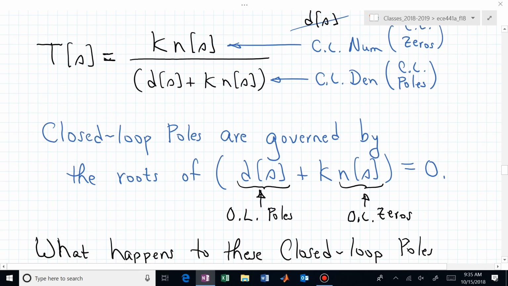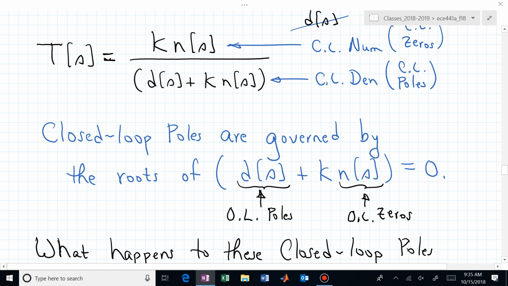The closed loop poles are governed by the roots of this denominator polynomial, and we find the roots by setting D plus K N equal to 0, and what values of s satisfy that. So for a fixed K, we're going to have a fixed set of s's. I give you a K, and you holler back what the roots are. I give you another K, and you give me the other set of roots.